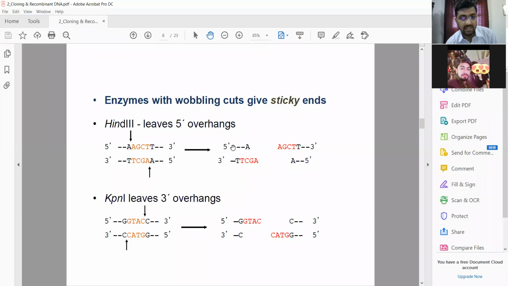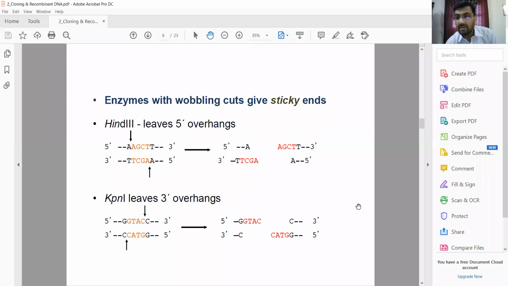You can see a 5' overhang on both strands. KpnI, in contrast, leaves a 3' overhang, producing a long extension at the 3' end. Similarly, here is another enzyme that produces a 3' overhang.